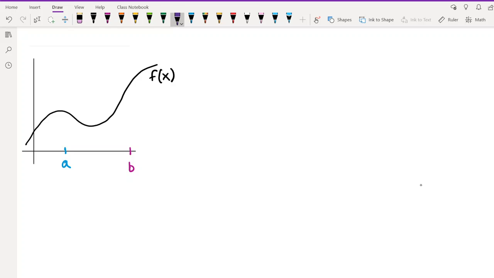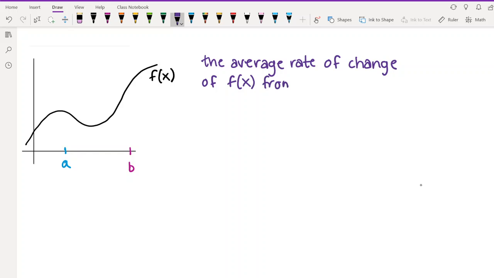So the average rate of change of f of x from x is equal to a to x is equal to b is basically what we just saw in the last example. What are you going to do in the numerator? You're going to take outputs and subtract them, because evaluating the outputs and subtracting them tells you the change in the y values. So f of b minus f of a.